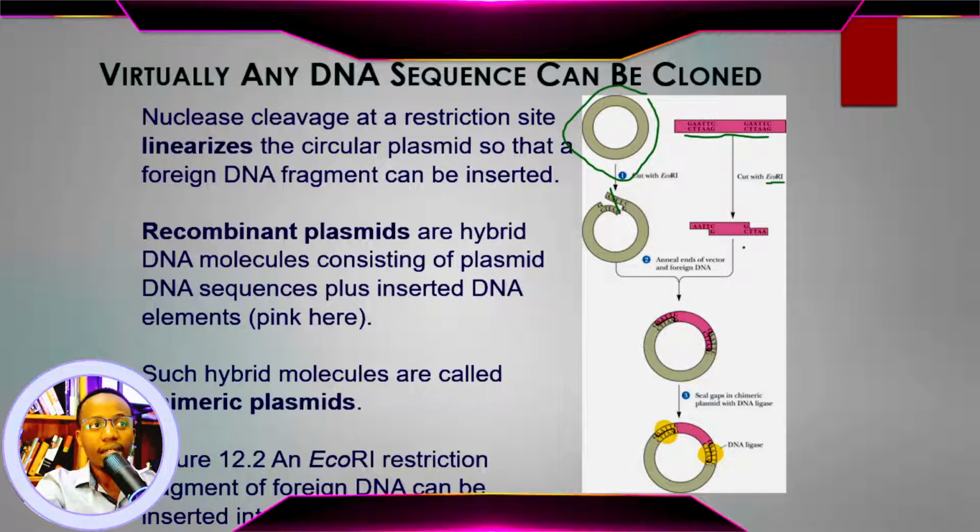So you cut it, you insert it in there, and then you use DNA ligase to ligate to the DNA, and look, you have a new plasmid that has your DNA in it. So we call this recombinant plasmid or just chimeric plasmids. So chimeric DNA, that's what we're talking about.